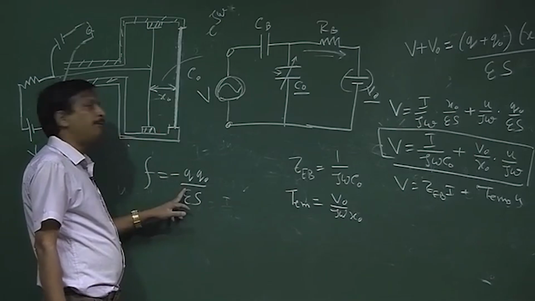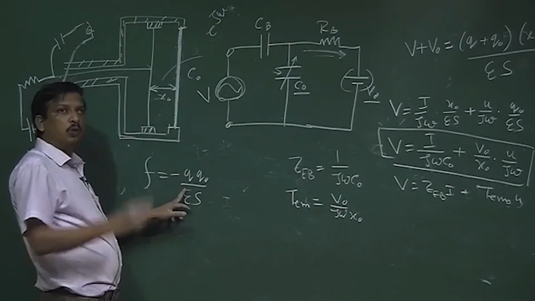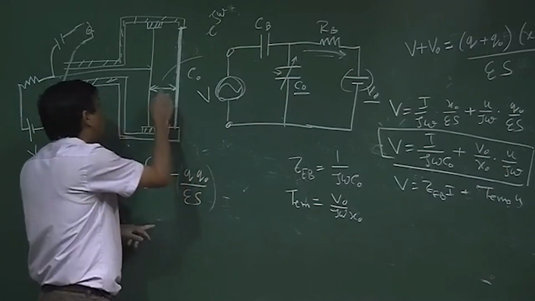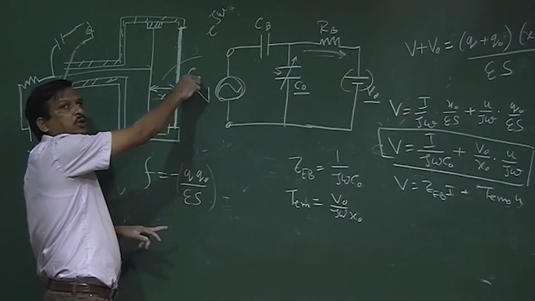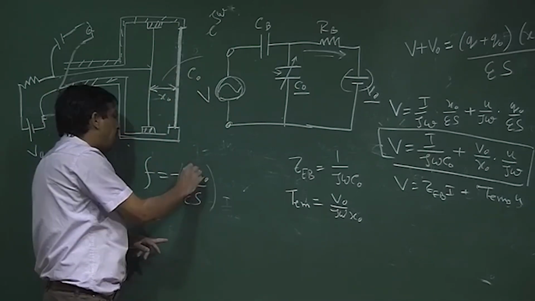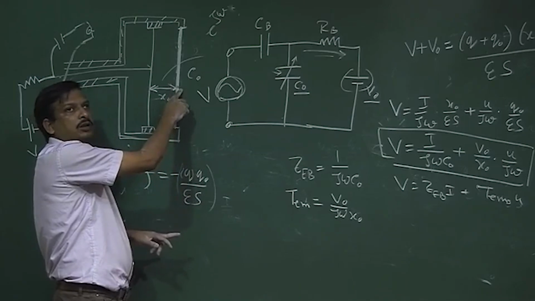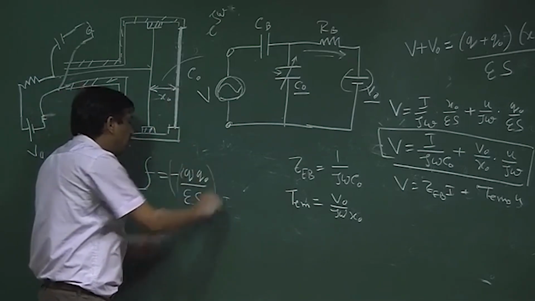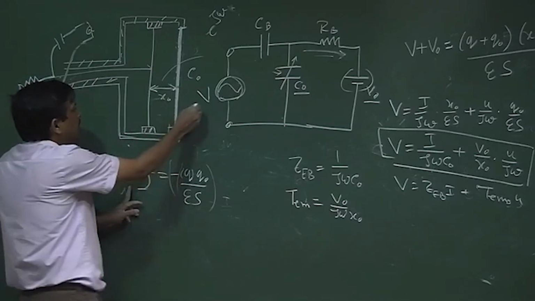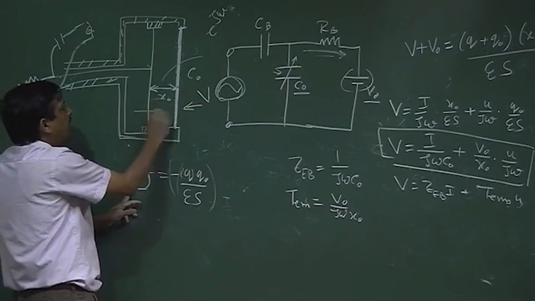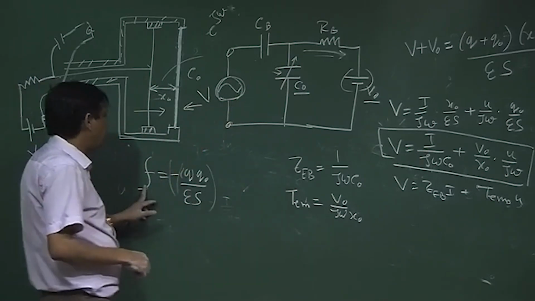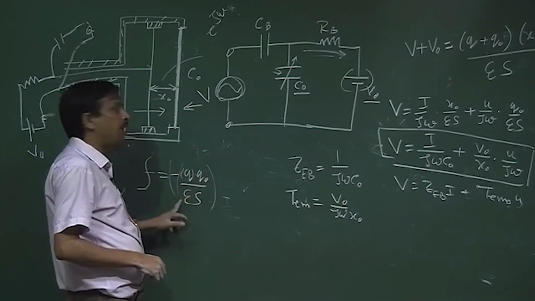The mechanical force wants to change the diaphragm, and the charge q induced due to the mechanical force is required to resist that force. So F is equal to the force produced by the q amount of charge, and it is negative because the mechanical force is in one direction and the electrical force is in the opposite direction.